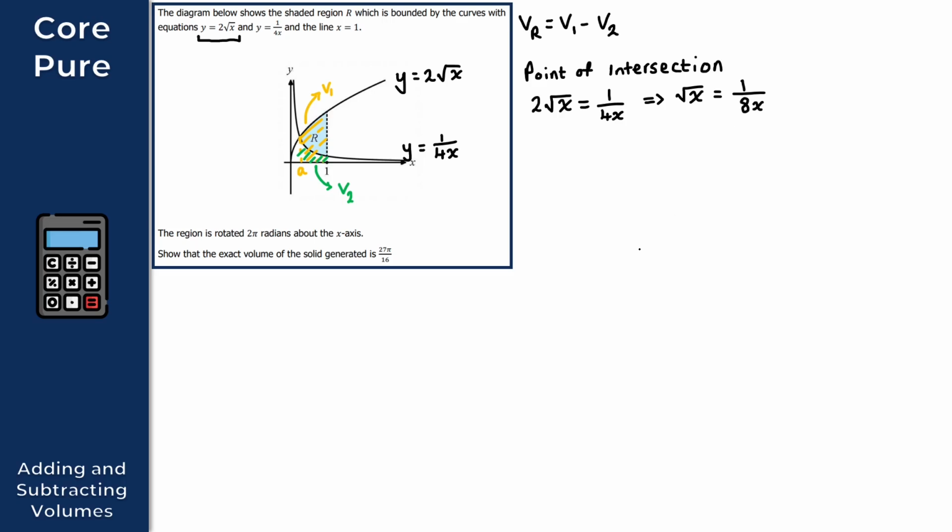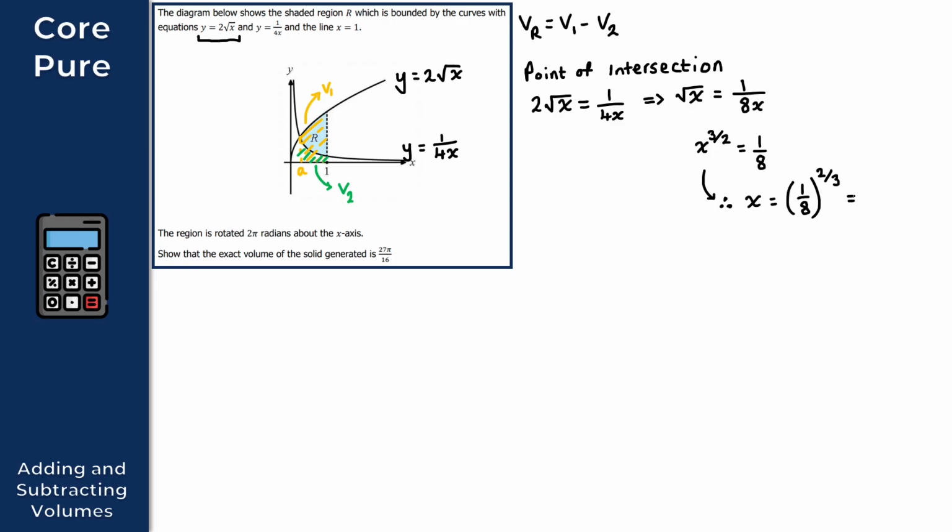And then if I multiply both sides by x, what would I get? I'd get x to the power of 3 over 2 on the left-hand side, and on the right-hand side we're just left with 1 over 8. And then finally, if we just want x, if I raise both sides to the power of 2 over 3, we get x equals 1 over 8 to the power of 2 over 3.